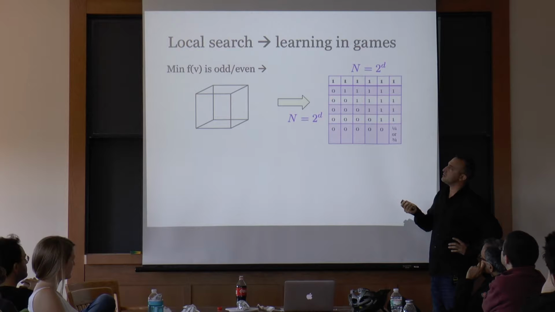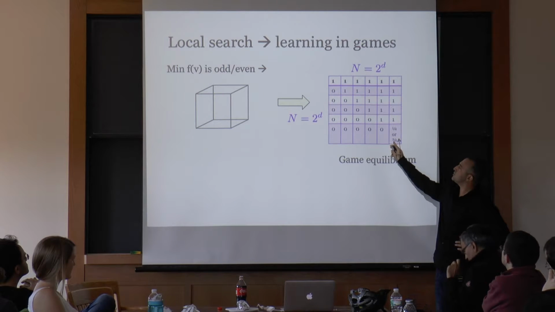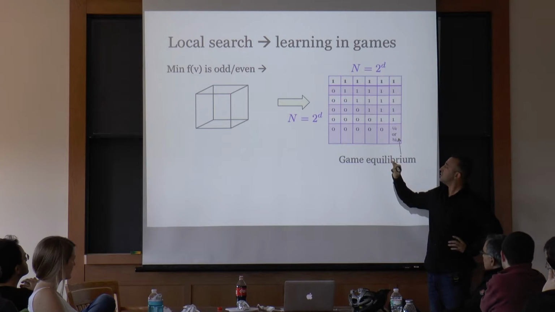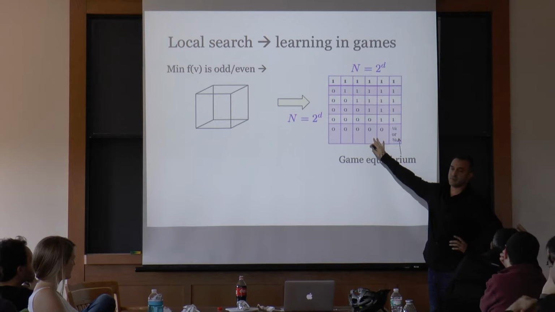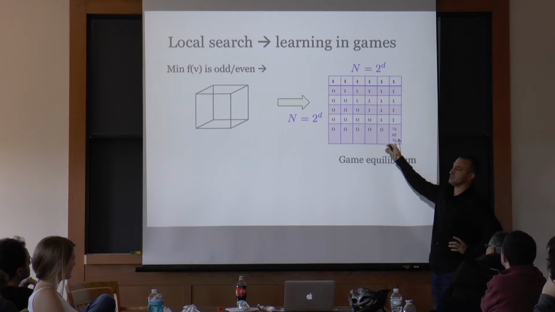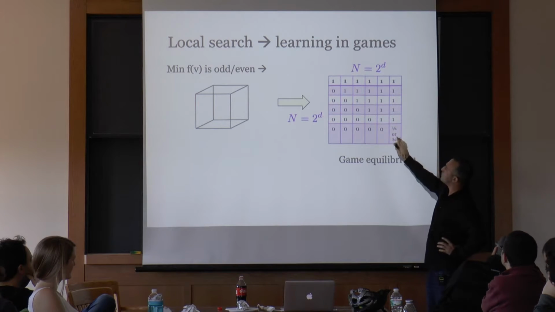Something like finding the minimum vertex, and based upon it, we give a value to the equilibrium, which is 1/4 or 3/4, if it's odd or even. Now you can check that this is a very simple game. It has only one pure equilibrium, and this is the equilibrium. From any other pure strategy, you're going to go down, down, down this matrix until you hit the equilibrium.